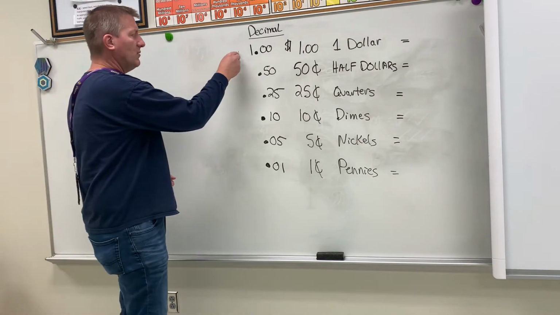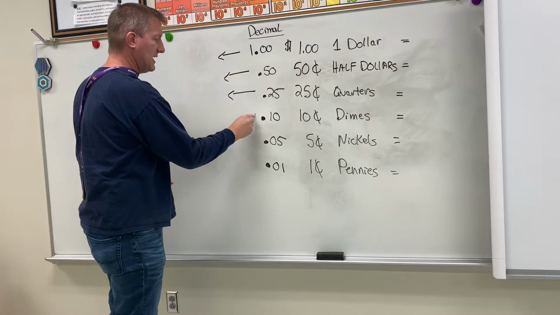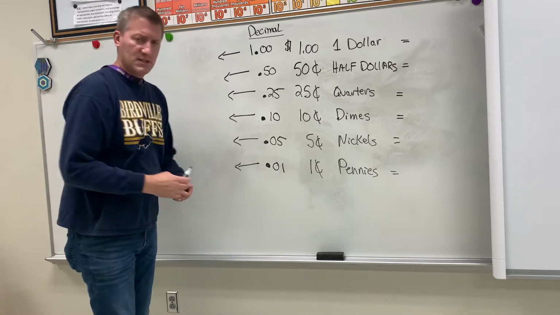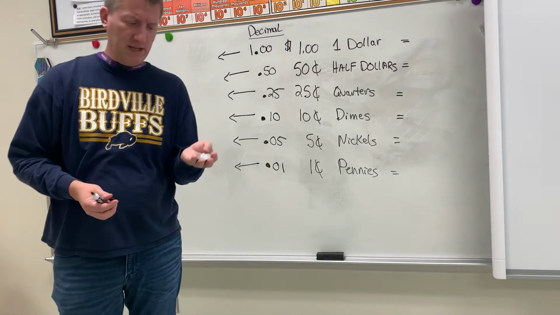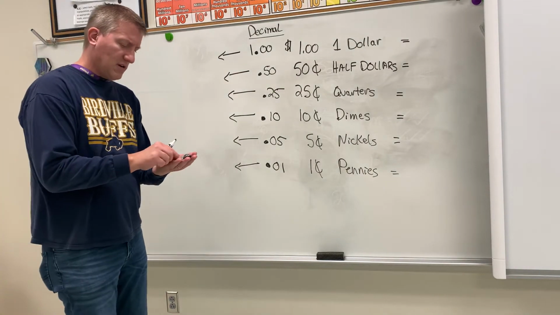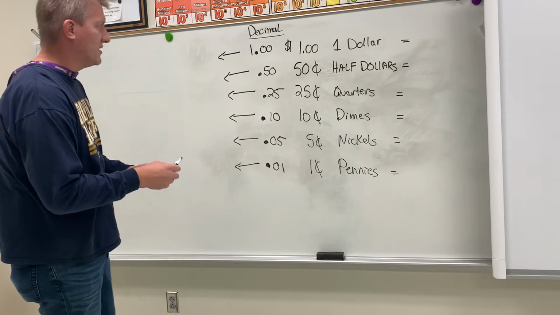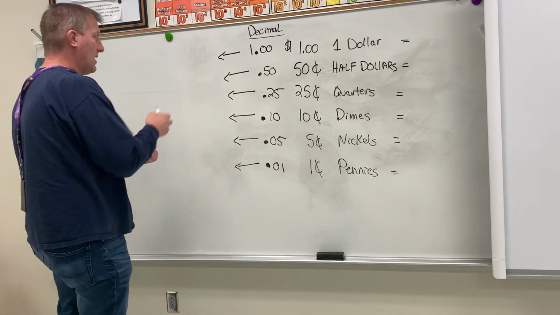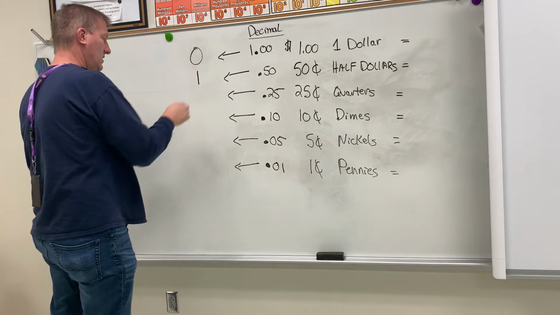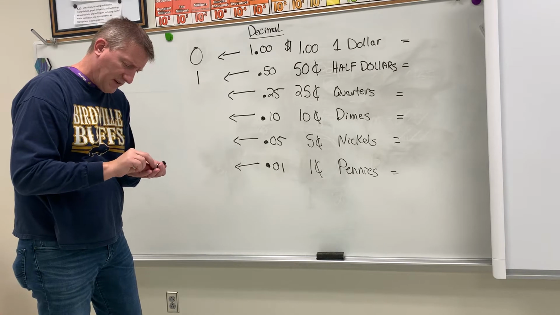Now, what we're going to do over here is I grabbed a handful of coins out of our coin bag, just random coins, and I'm going to count how many of each of these coins I have, so then I can start adding them up. I have one half dollar. Let me count how many quarters I have. I have a few here.